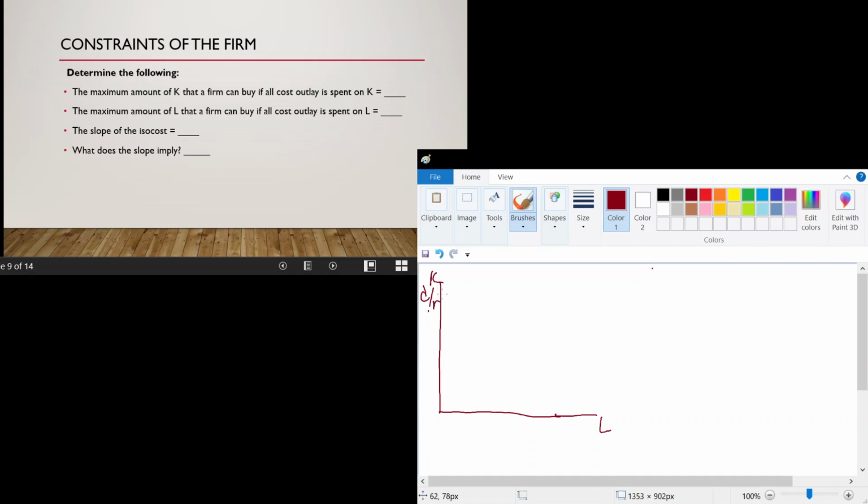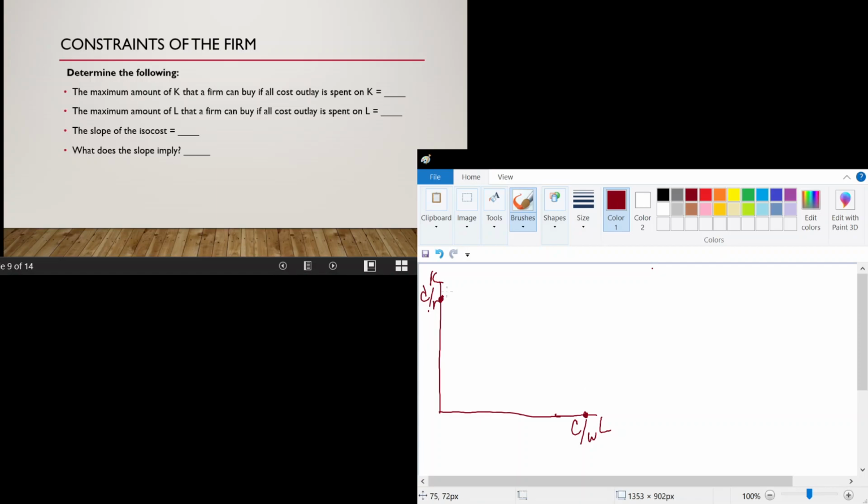Okay? So, ito siya. Yung maximum. So, if 0 yung L, ito yung K natin. And then, the maximum amount of L that a firm can buy if all cost outlay is spent on L can be solved naman by simply dividing C by yung wage natin. So, dito siya.